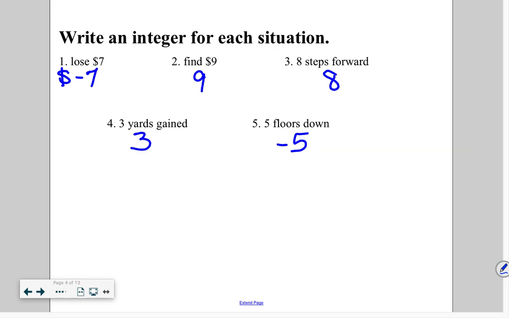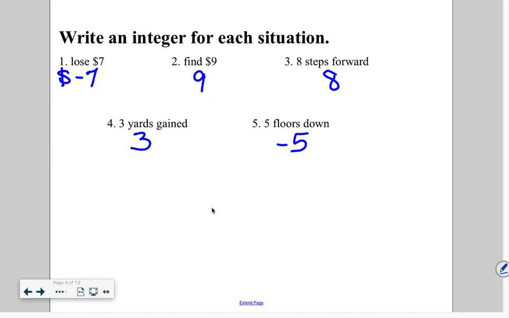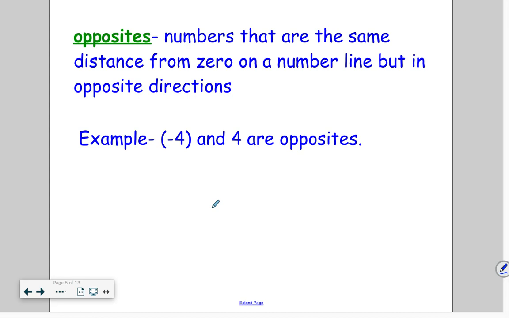Do you see underneath where we just wrote the word opposites? Underline or circle it or box it in or highlight it, and write the definition for opposites in your notes.